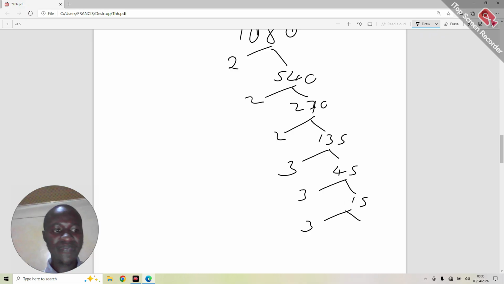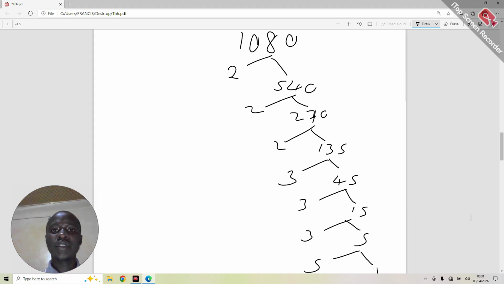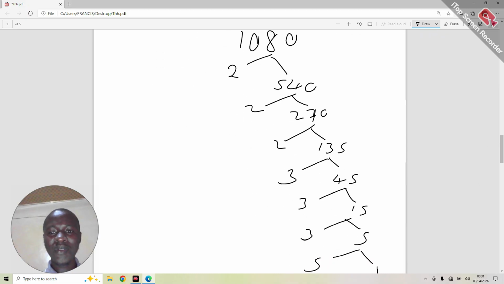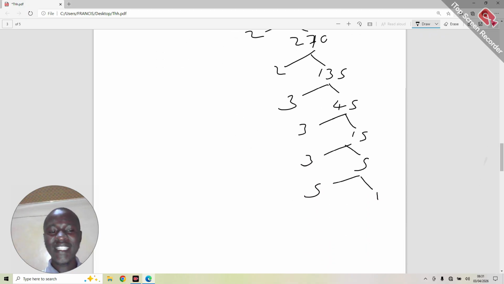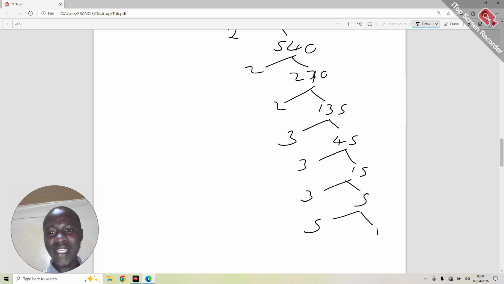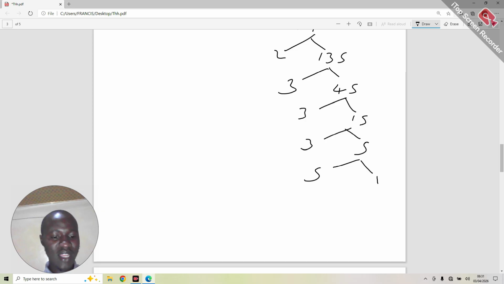And 3, we have 5. Then last we have 5, 1. So remember, we only need 3 and 2. You have to be creative here. 3 and 2 are the only numbers needed there.